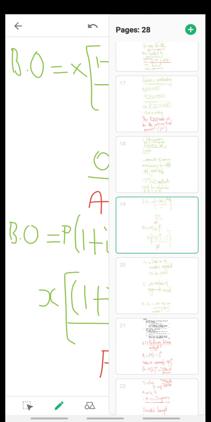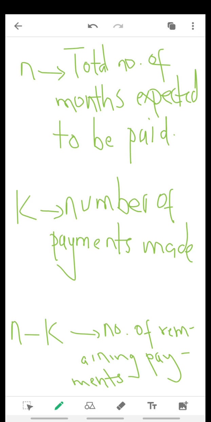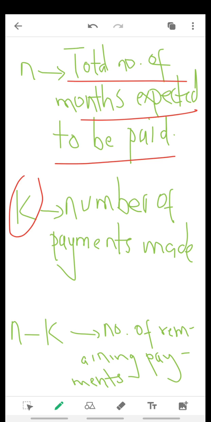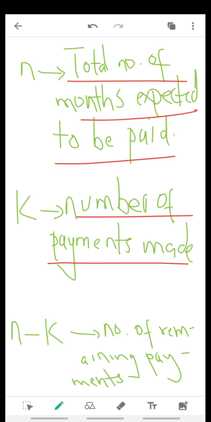So what is the meaning of N in the outstanding balance formulas? This is the total number of months expected to be paid. So if you are taking a loan for 3 years, compounded monthly, it means you'll be expected to pay it over 36 months. But K is the number of months that we have actually paid, the number of payments made.